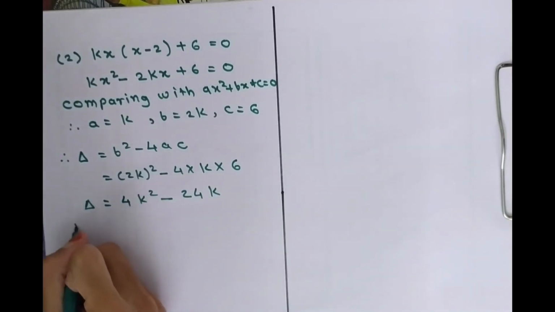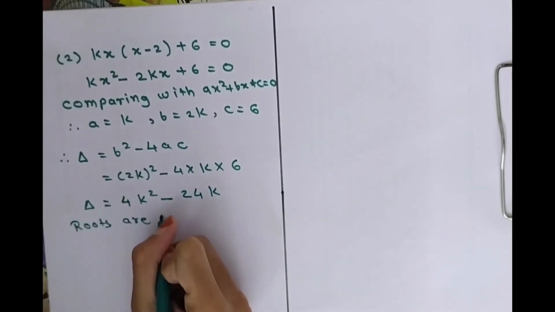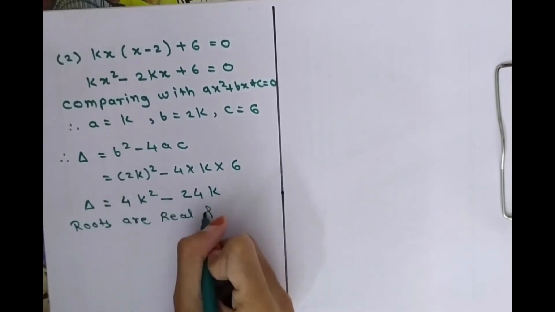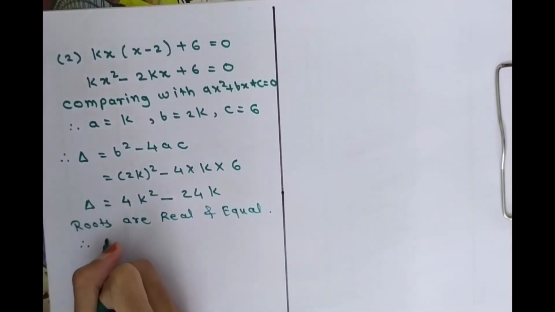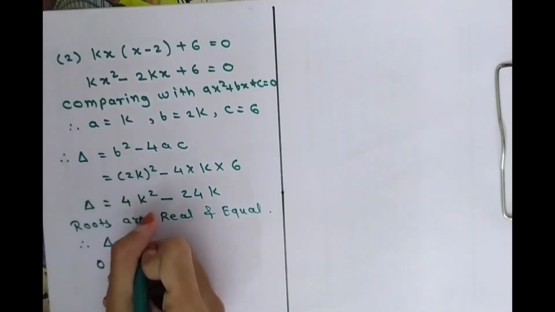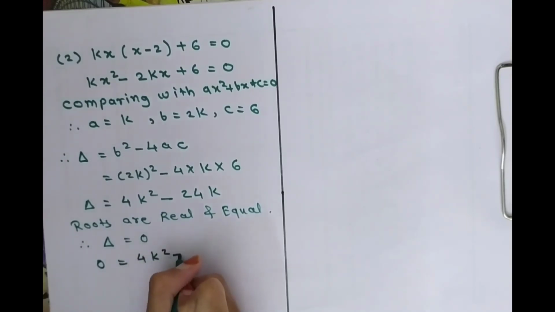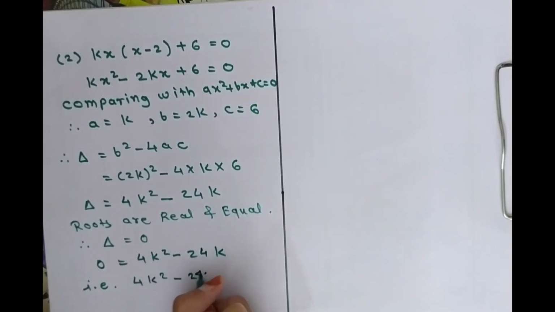Now the roots are real and equal, therefore delta is equal to 0. Put here the value 0: 0 is equal to 4k square minus 24k, that is 4k square minus 24k is equal to 0.